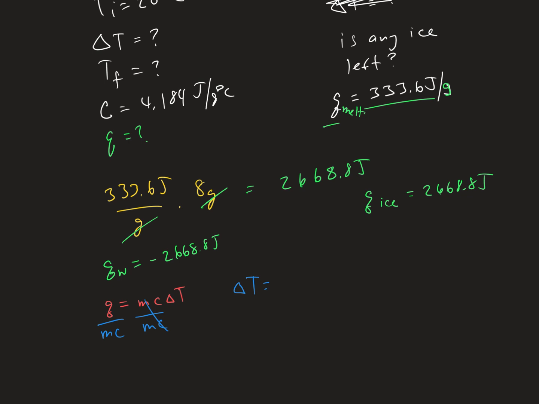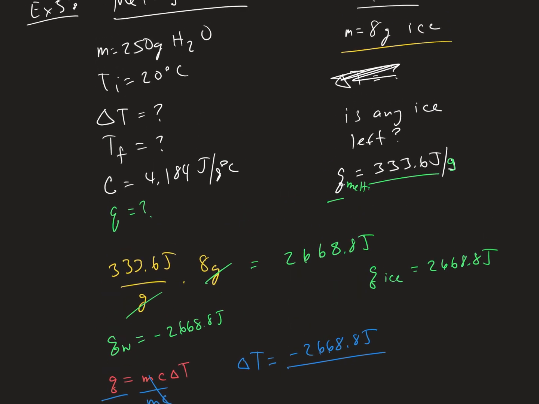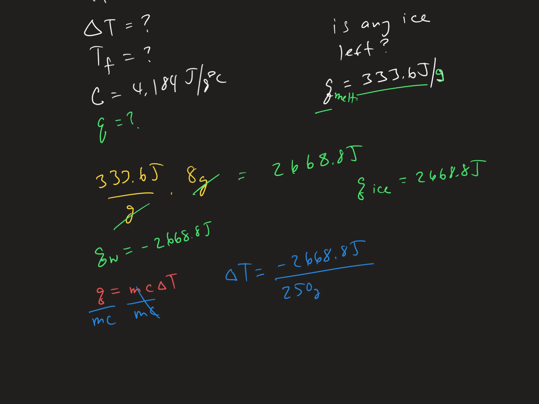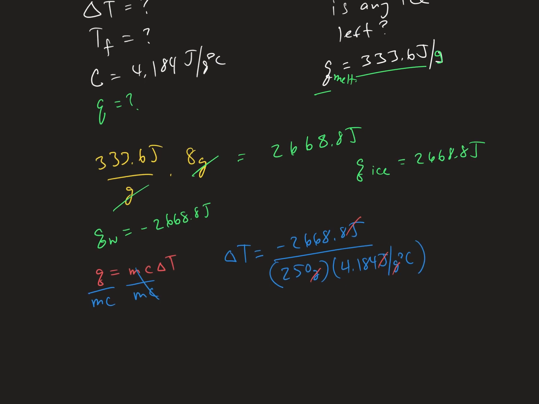So the change in temperature of our water is equal to a negative 2,668.8 joules divided by the mass of our water, which is 250 grams, and the specific heat capacity of water, 4.184 joules per gram degrees Celsius. Joules cancel, grams cancel, we're left with degrees Celsius, and we get the change in temperature equals negative 2.55 degrees Celsius.